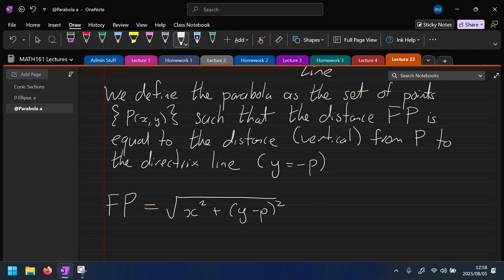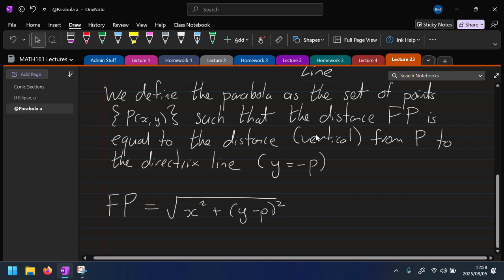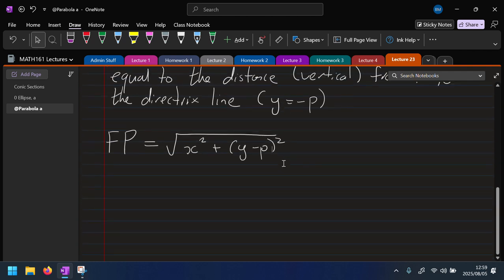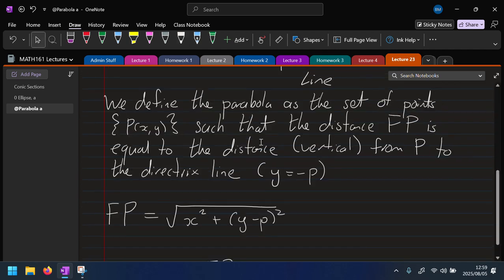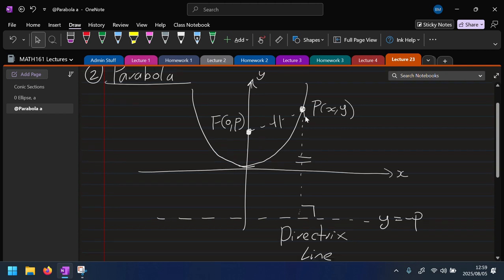Okay, again, that's just distance formula. So what does this mean? The distance FP is equal to the vertical distance from P to the directrix line. Let's write that out. So FP must be equal to the vertical distance. So what will that be? So from P down to the x-axis, what is that distance? Y. Yeah. And then from the x-axis down to this line, what is that distance? What's the distance?